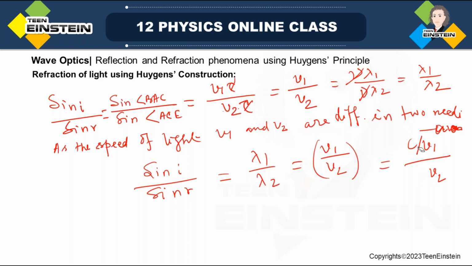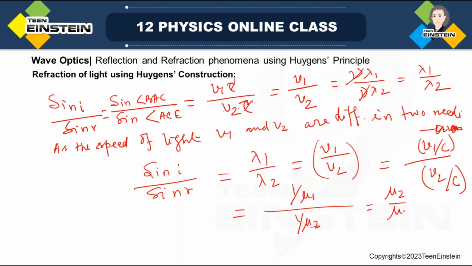I just divide by c. Then this will be 1 over mu1, and here it will be 1 over mu2. That means mu2 by mu1.